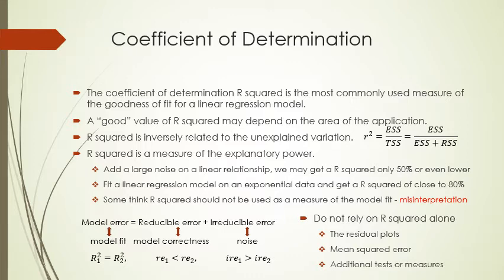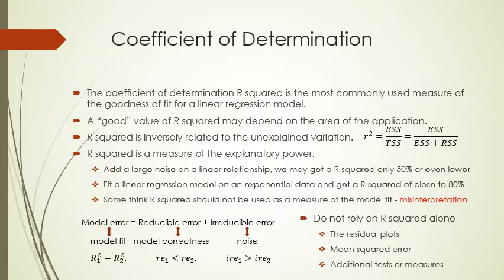Let's say we have two linear models, and their R squared values are the same. So R1 squared is equal to R2 squared. Model 1 has a smaller reducible error than Model 2, and Model 2 has a larger noise.